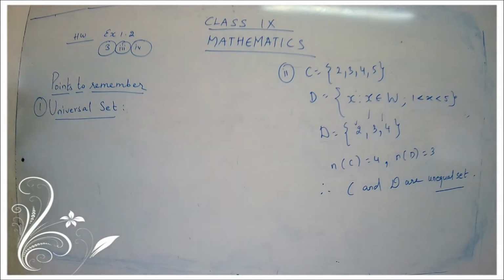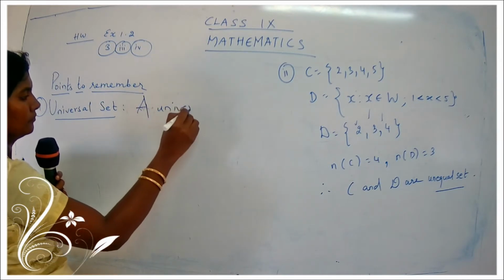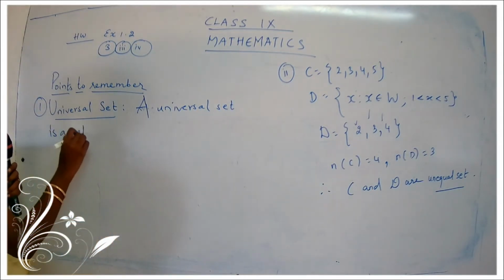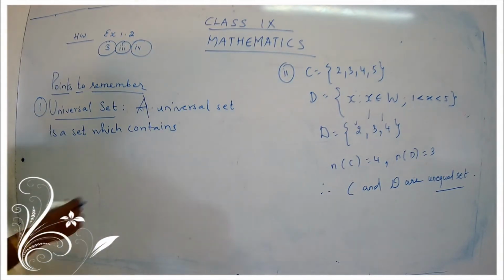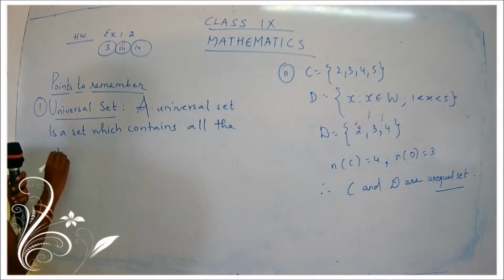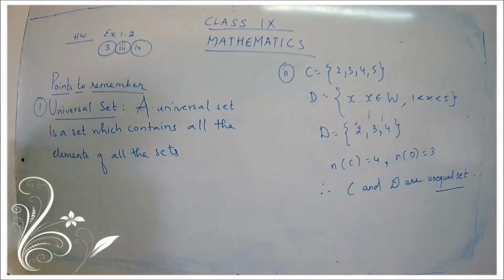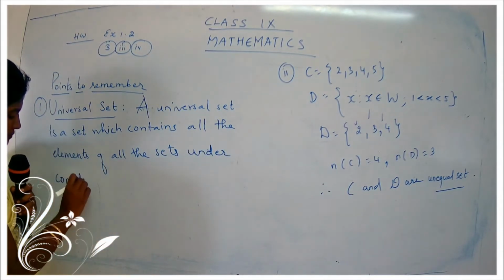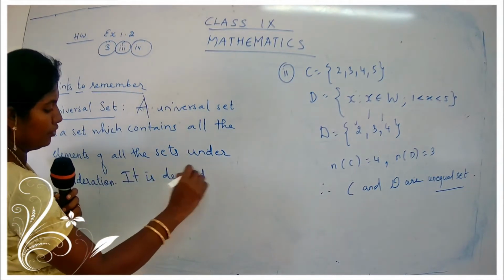A universal set is a set which contains all the elements of all the sets under consideration. It is denoted by U.